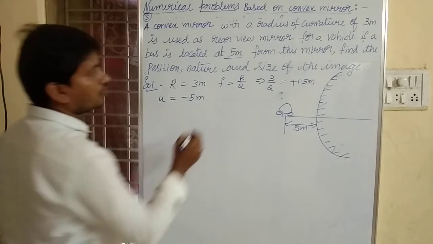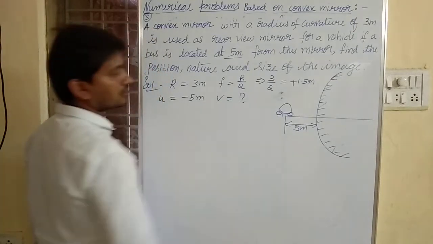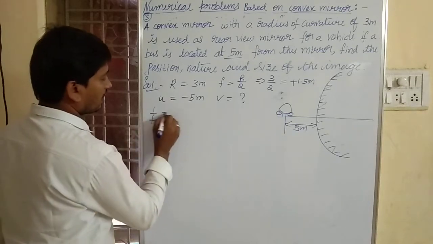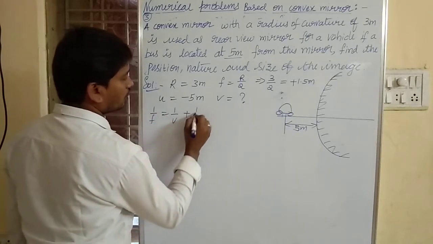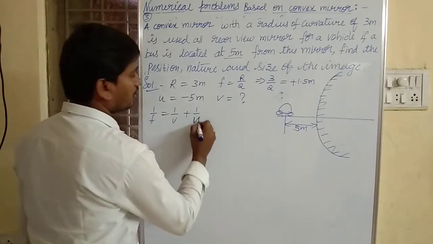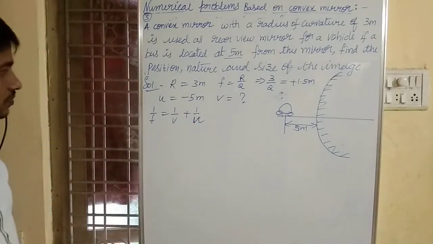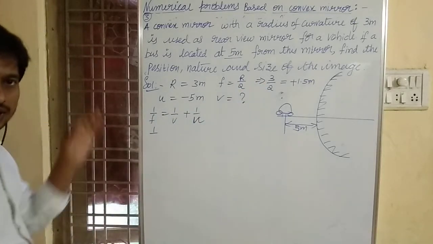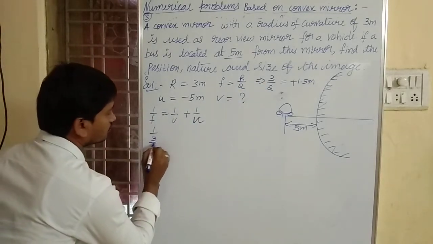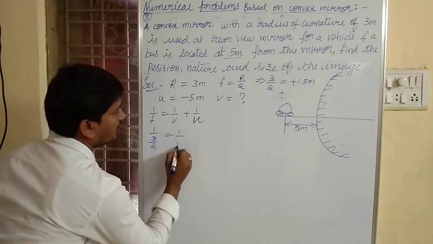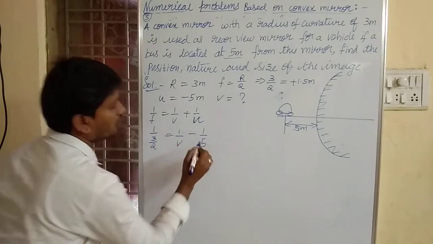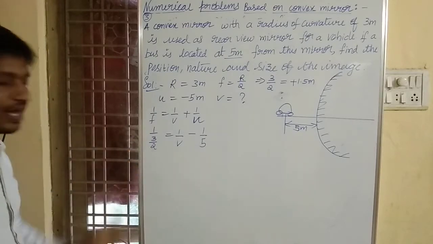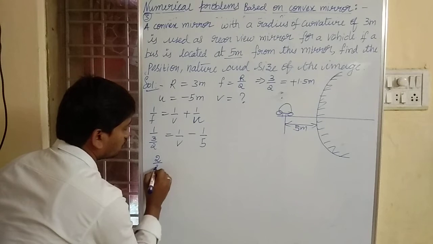So let us find out the position of the image, the V value. Let us substitute in the mirror formula: 1 by F equals 1 by V plus 1 by U. So 1 by F equals 3 by 2, equal to 1 by V plus 1 by U, where U is minus 5. So 1 by 3 by 2, I can write as 2 by 3.